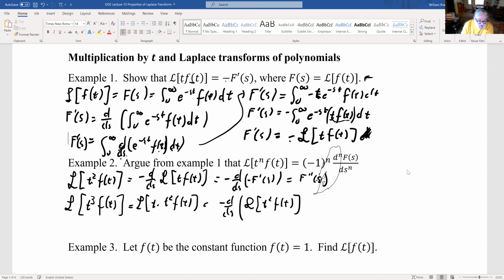But we just calculated that the Laplace transform of t squared f of t is the second derivative. So it's minus F third derivative. So t cubed means third derivative. So for t to the n times f of t, you get a minus 1 to the n because the sign changes every time, and then you get the nth derivative.